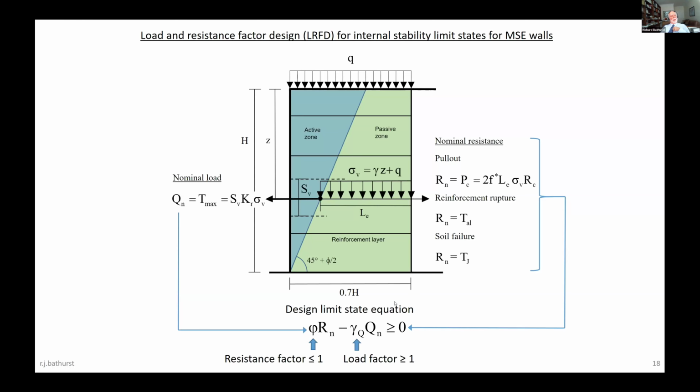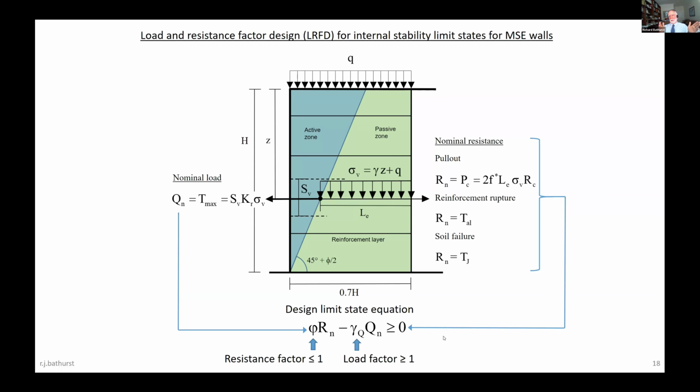But in LRFD in North America, we identify each design limit state by an equation of the form that you see down here at the bottom, where the nominal resistance is multiplied by a resistance factor, which is 1 or less, and the nominal load term is multiplied by a load factor, which is 1 or greater.